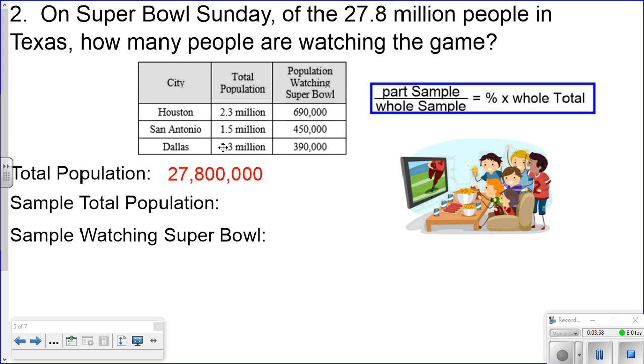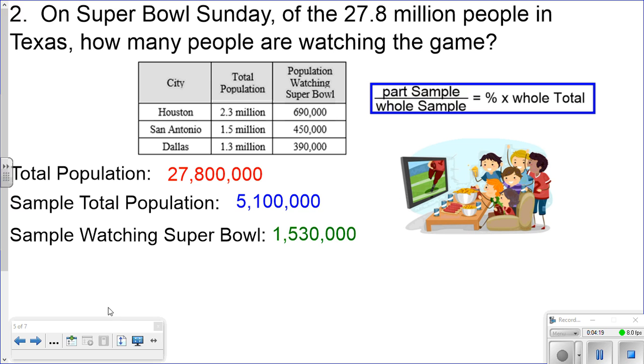In our sample population, we have 5,100,000. Of the people watching the Super Bowl, we got 1,530,000 people. In these 3 cities, with a total population of 5,100,000, 1,530,000 are watching the game.